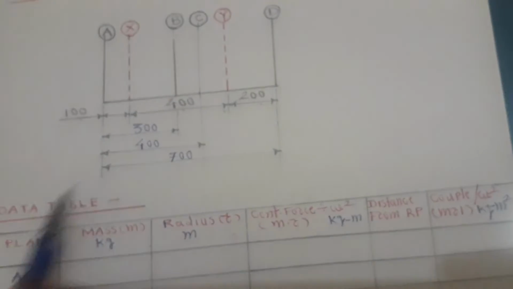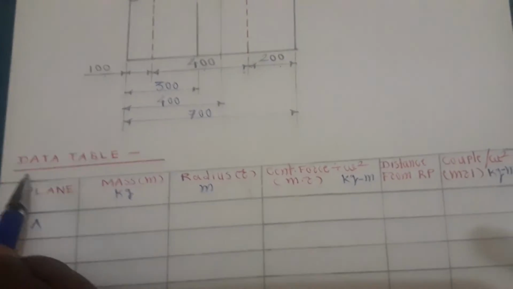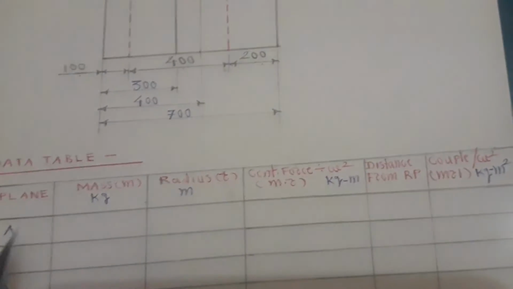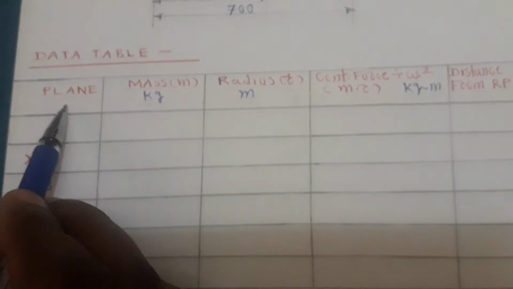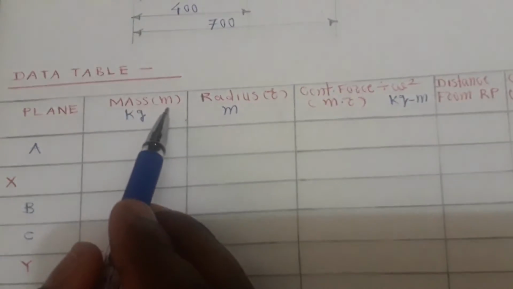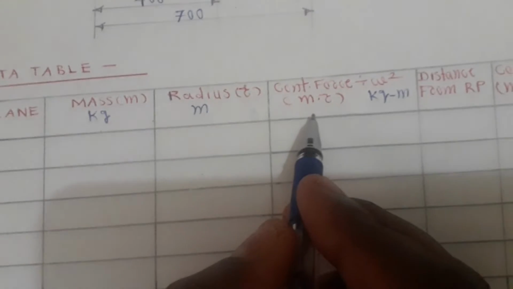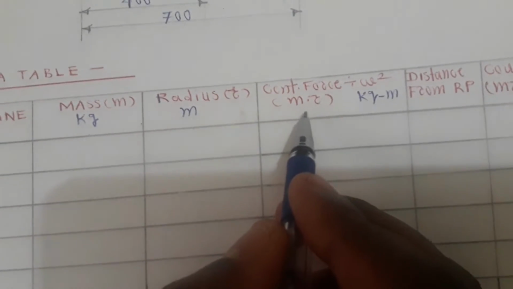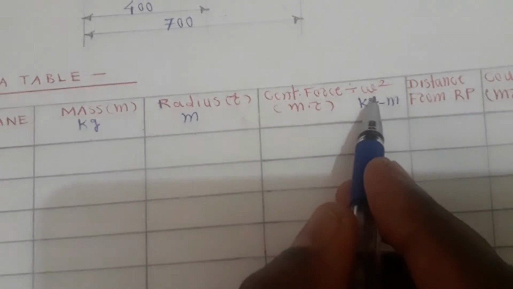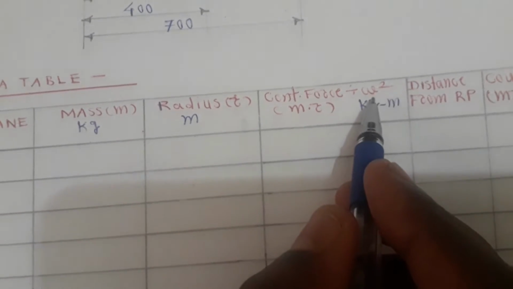Once we have shown the position of planes, the next part is to tabulate this data in this manner. The first column is for the plane, the second column is for the mass in kg, the third column is for the radius in meters, and the fourth is for the centrifugal force divided by omega square.